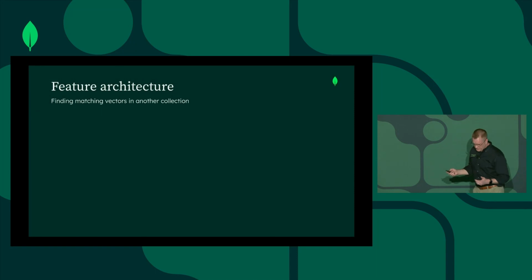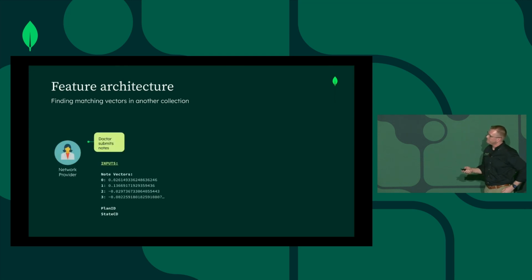So okay, back to our feature architecture. Now, how do we map from clinical notes to recommended programs? Okay, so the doctor submits those notes, and as Francesca explained earlier today, you can take that clinical note data in your API and immediately turn those notes into vectors.